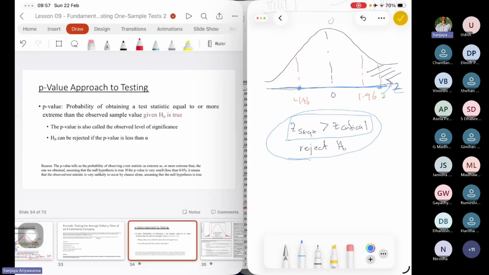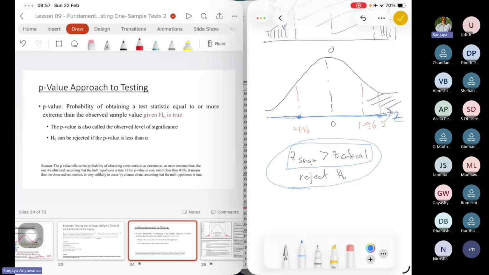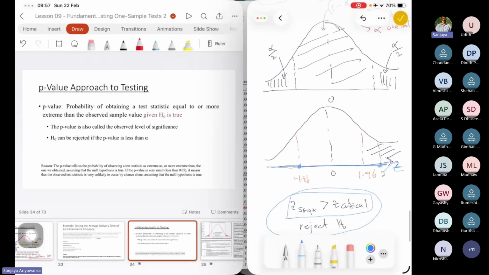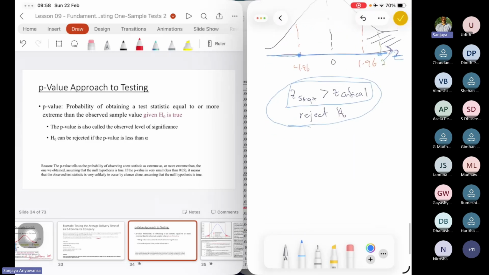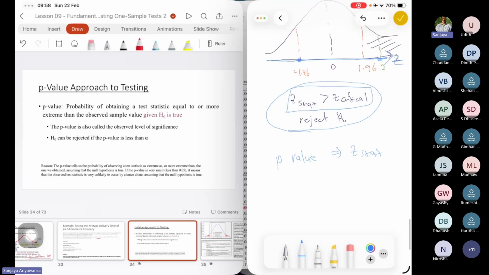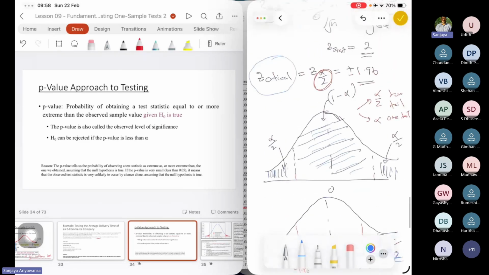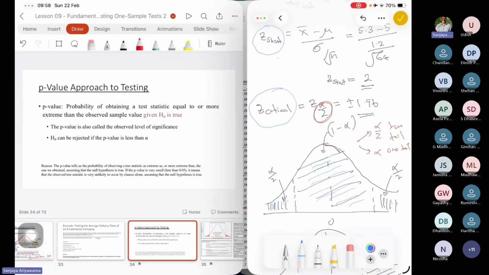The other approach to arriving at this conclusion is not looking at the Z values, but looking at the probability values. Why is that? Because whatever I colored over here, these are all probability values, right? Because this is a standard normal distribution. So we can compare the probability value. We calculate a p-value for the Z test statistic that we calculated. For example, the Z test statistic that we got was plus 2, right?